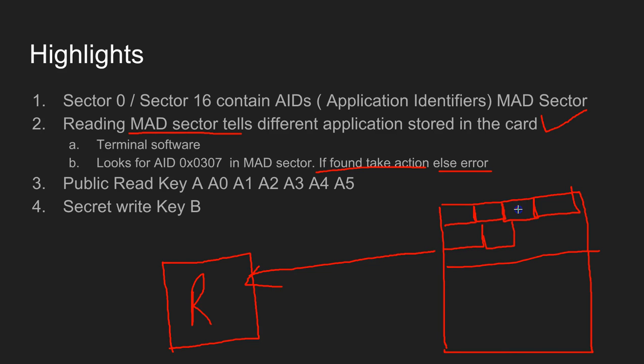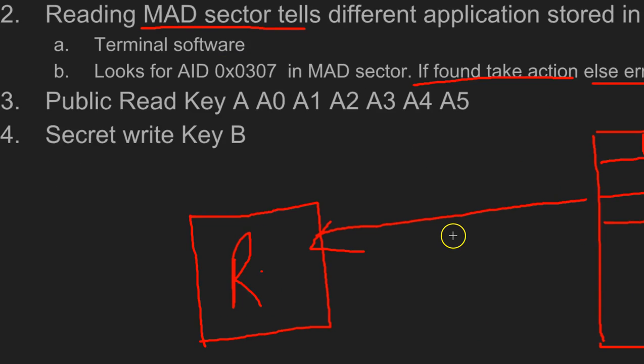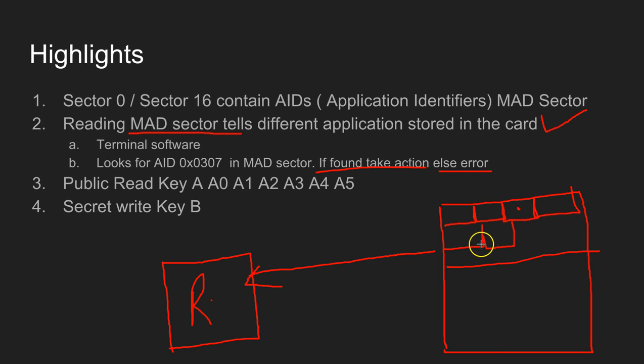Now each application has a unique ID, so if the software finds an application ID, it confirms that it is reading or writing to a known tag. In other words, if the application ID is not present, then the software can treat the card as an invalid card.